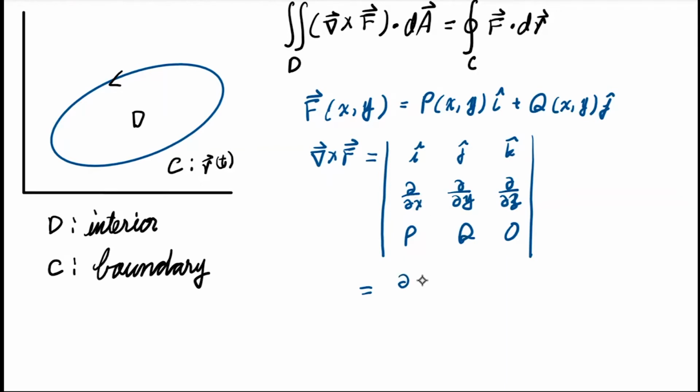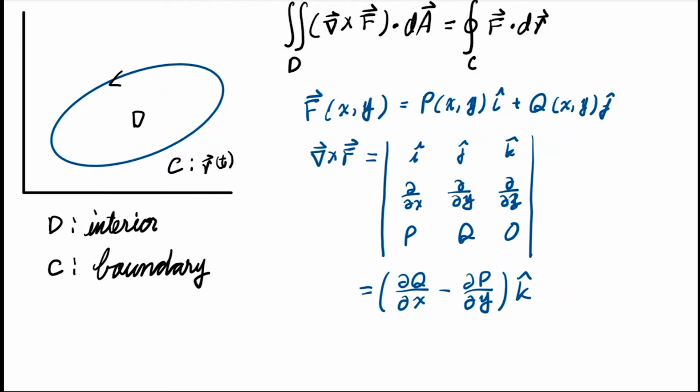So you have partial Q over partial x, and then minus the other way, partial P over partial y, times the k vector. You with me? That's what the curl of F, del cross F, looks like.